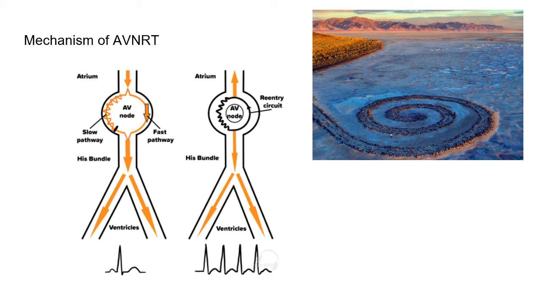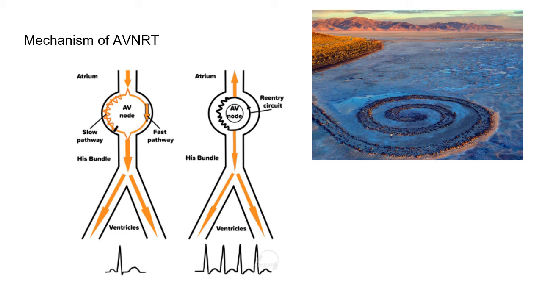So AV nodal reentry tachycardia. This is kind of the pathology behind it. What happens is we have a normal signal going through the AV node. We have a fast pathway and a slow pathway.